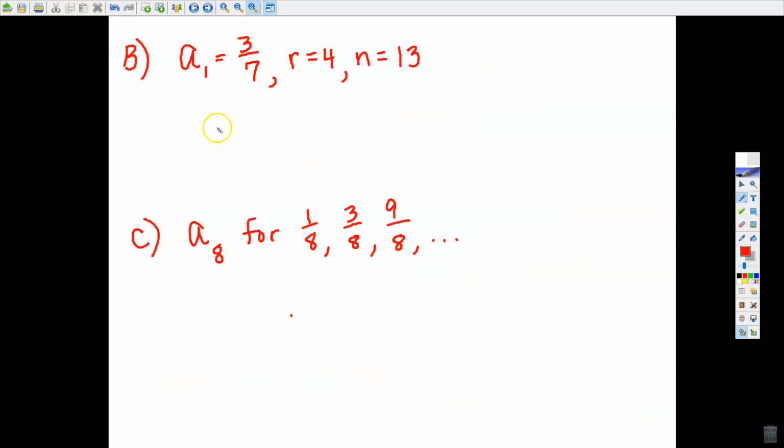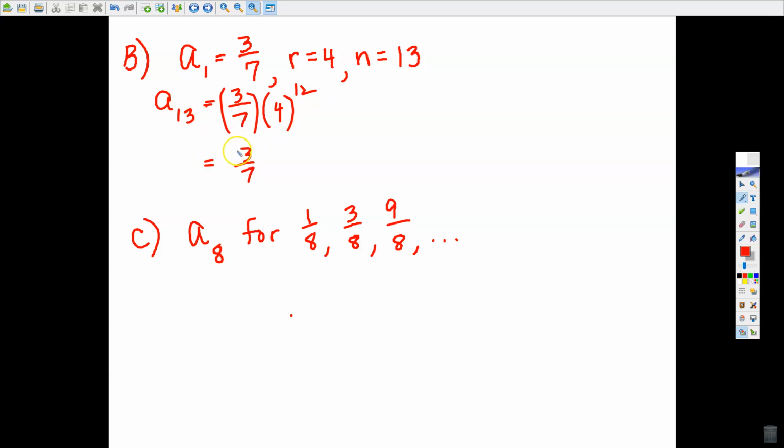All right, here's another one. According to this, I'm finding the 13th term. So a sub 13 is going to be found by taking the first term, which is 3/7, and multiplying by 4 raised to the 12th. It's always to the n minus 1 power.